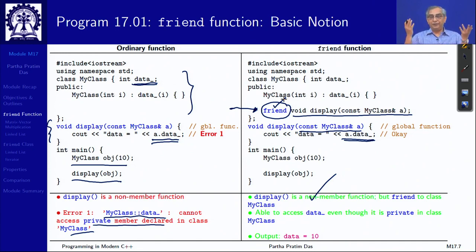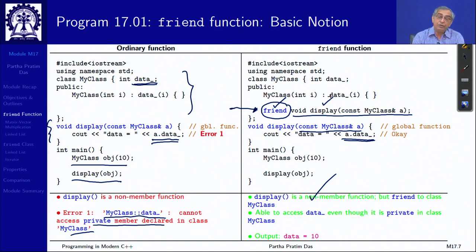Friendship we all know. The members of a family get into the house. The public on the road is outside, cannot get into the house, but if I have a friend, I welcome the friend to my house, it is my prerogative. It is exactly the same thing. My class has said that this function display, which takes a constant reference to my class and returns nothing, is a friend.